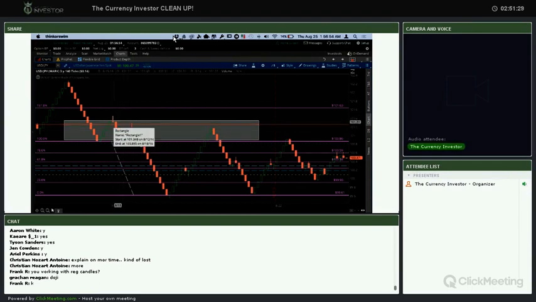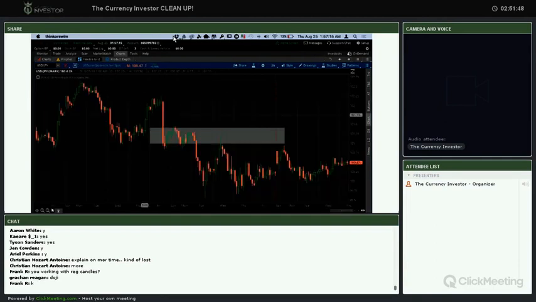So once the fall started happening, once all the sell orders started coming in from this one right here, this is the 15th. This is the 15th right here.